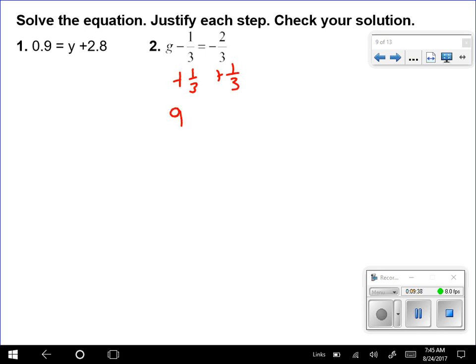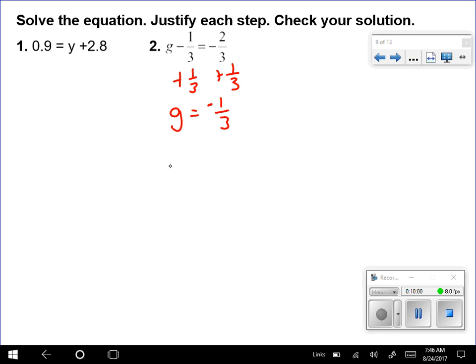So I have g is equal to, because these cancel, now I have negative 2/3 plus 1/3. So I have different signs. I'm going to subtract. 2 minus 1 is 1, and luckily we had common denominators already. The larger absolute value is negative, so g is equal to negative 1/3.